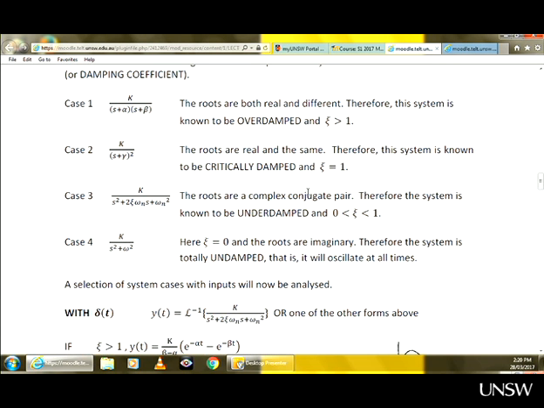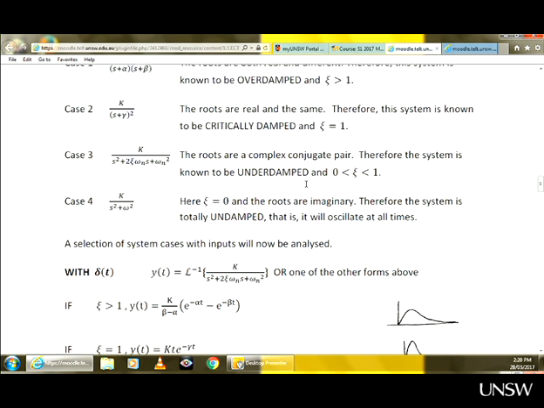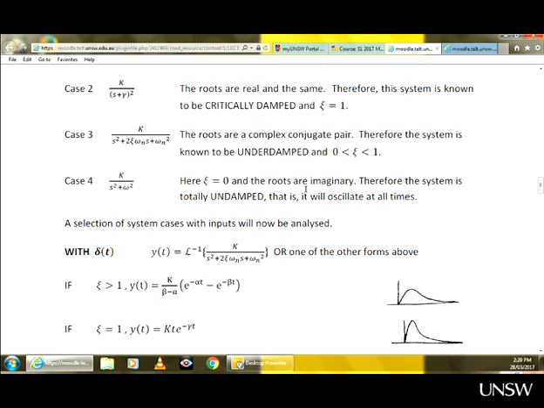Critically damped system has 2 real identical roots. Underdamped system has 2 complex conjugate roots. And undamped systems have 2 imaginary roots.